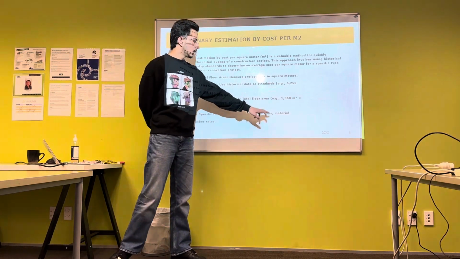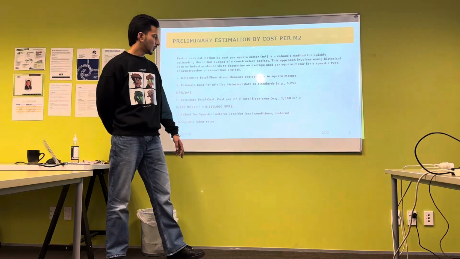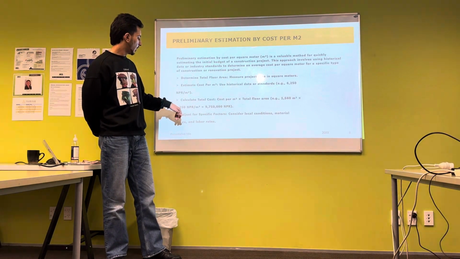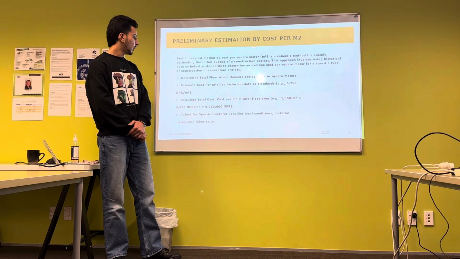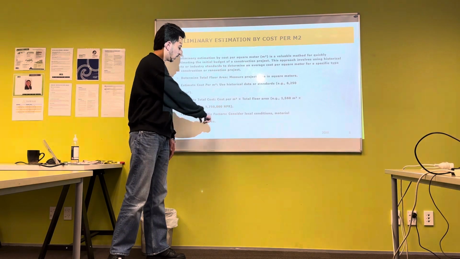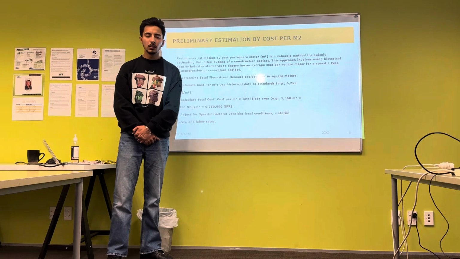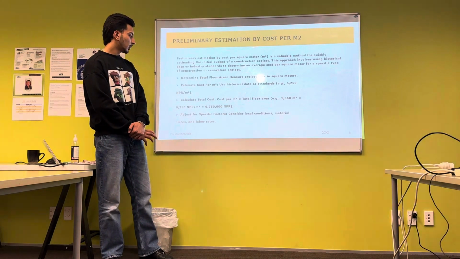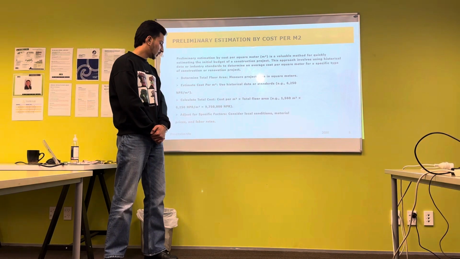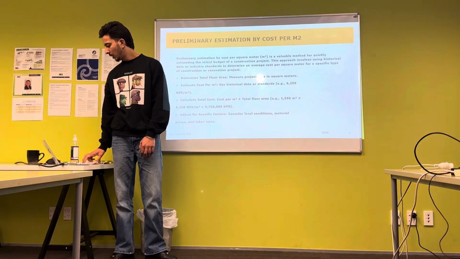We have this area for our last project, and we multiplied it by 6,250, and this is the amount we got. For adjustment for specific factors, we can consider local conditions, material prices, and labor rates as well.